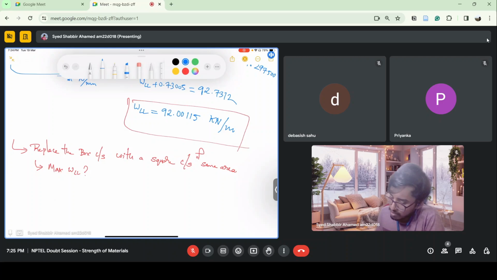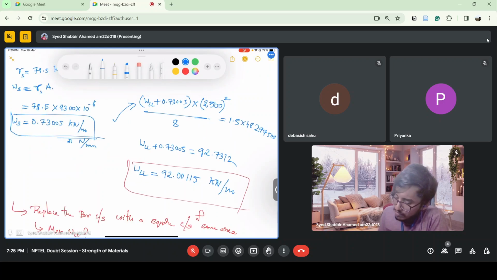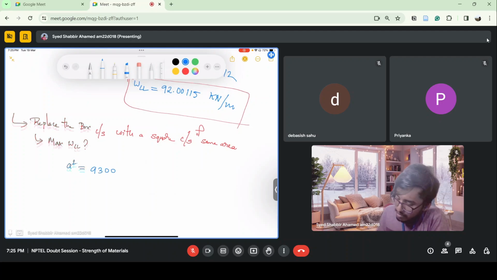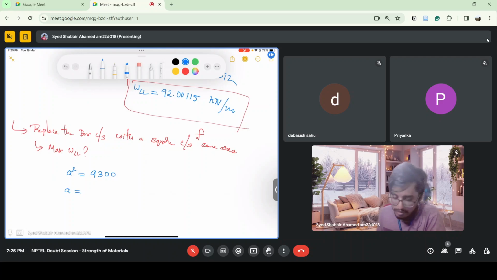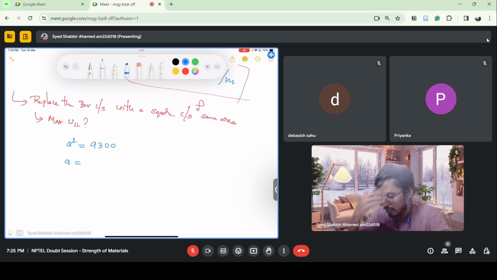We know that the cross section is square and the area of cross section is the same as the previous one, so I have to find the dimensions of this square. A square is equal to 9300, the area of cross section of this box section, so I'm equating it to the area of the square.